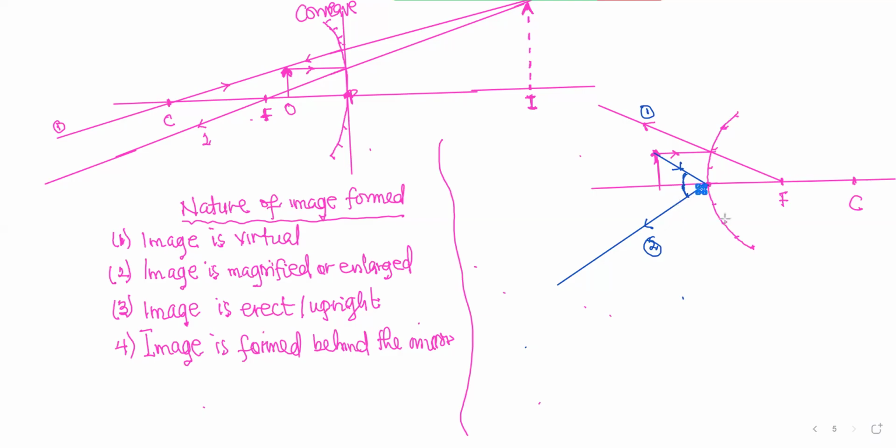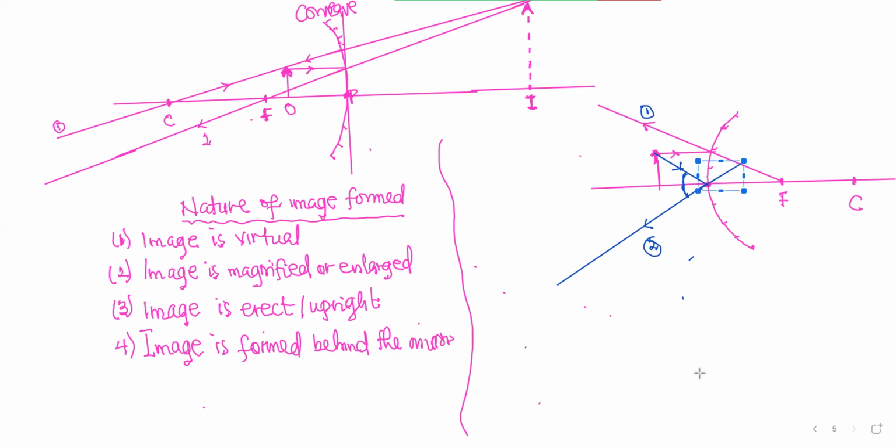So to form an image, trace the reflected rays at the back of the mirror. Where they appear to meet will be the position where the image will be formed. So when you trace it, the two reflected rays appear to meet here.